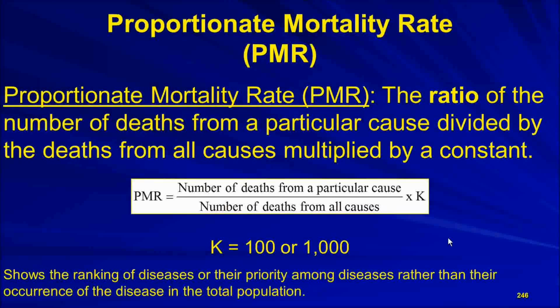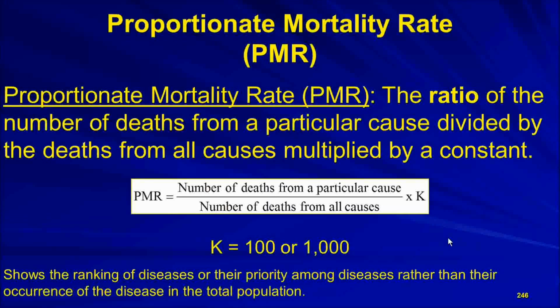The next is proportionate mortality rate, and I've always found this one to be very interesting. It's the number of deaths from a particular cause divided by the number of deaths from all causes. This gives us a little different information, and notice the K's.